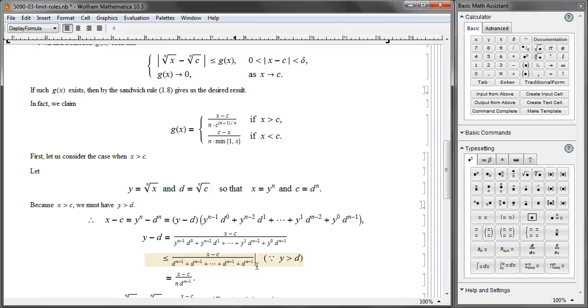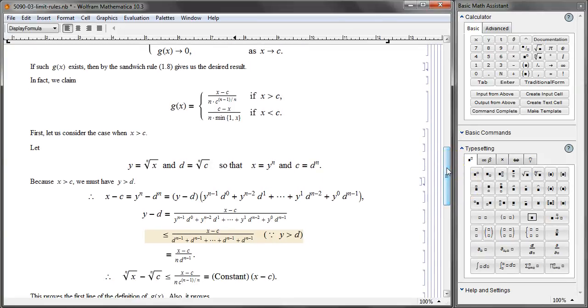So n times d to the n minus first power is what I'm gonna get. And d, by the way, is nth root of c, so that to the n minus first power is this expression, c to the n minus first over n, that is c to the (n minus 1) over nth power. But it's complicated, but the key point is it doesn't matter. It's just constant. Constant times x minus c, and that did it.